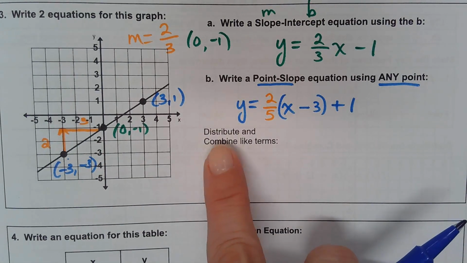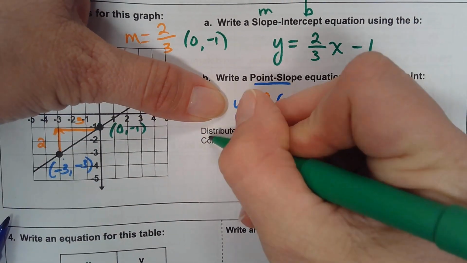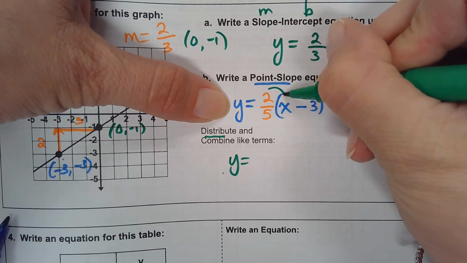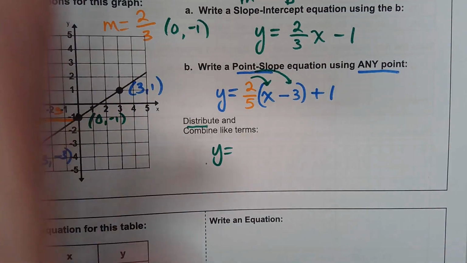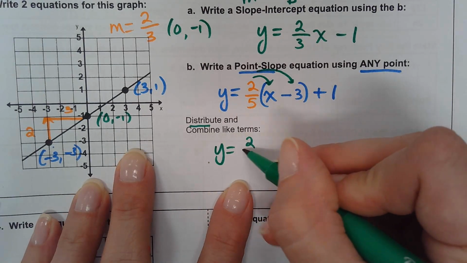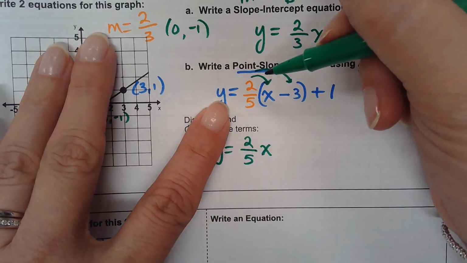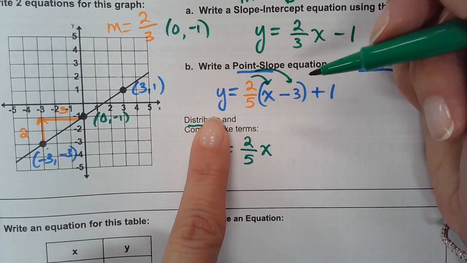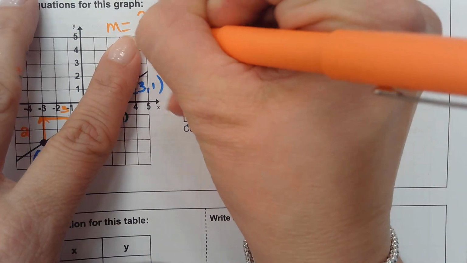And now they want us to distribute and combine like terms. So we will multiply the fraction, the slope, into the parentheses. 2/3 times x makes 2/3 x. I'm sorry, that's a 3, not a 5. That's 2 over 3.